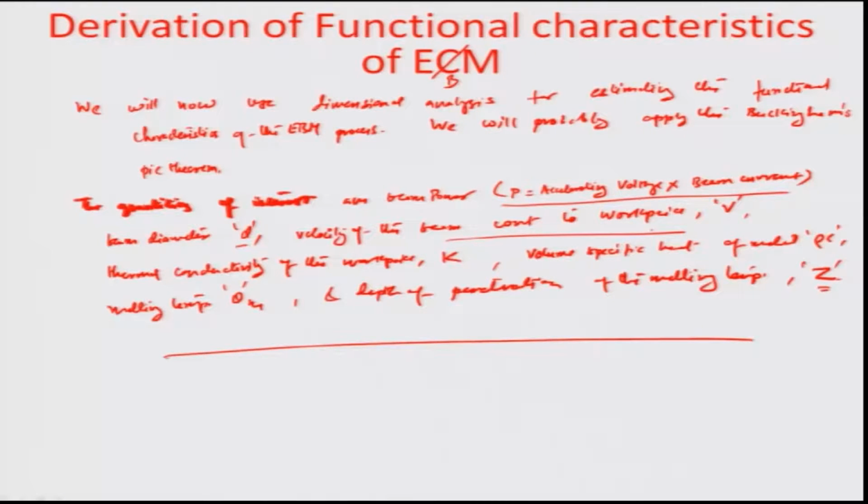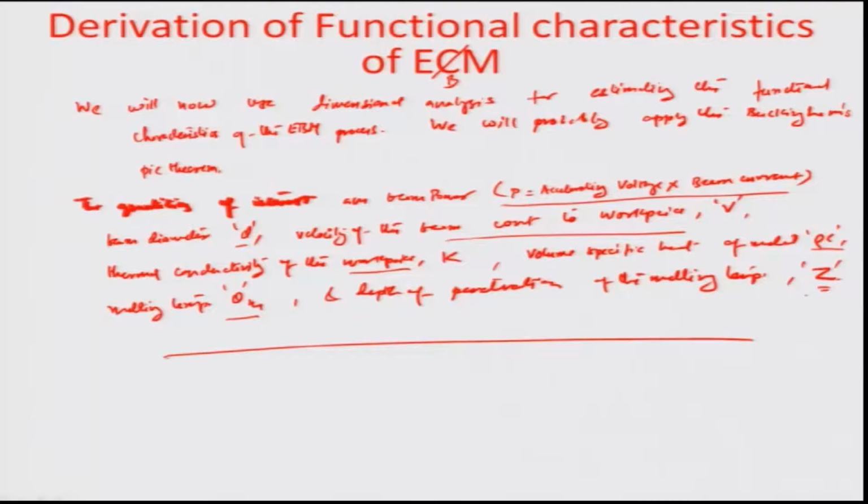Also we were interested in the thermal conductivity of the workpiece K, the volume specific heat of the material being removed, which is the density and specific heat product, the melting temperature, and the depth of penetration Z for the melting temperature to happen.